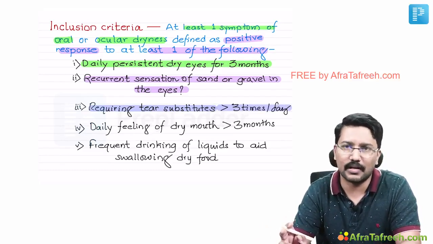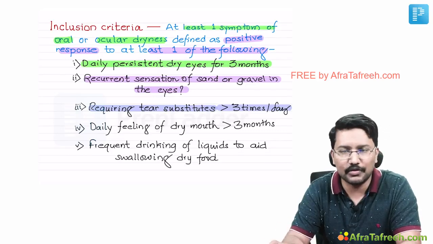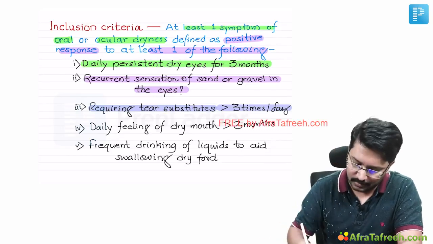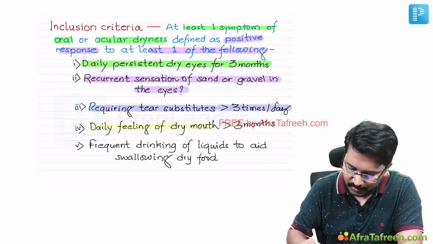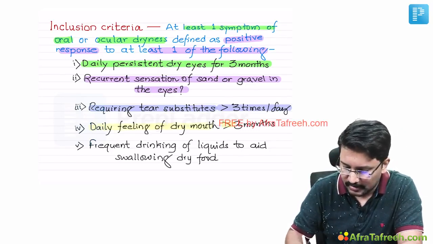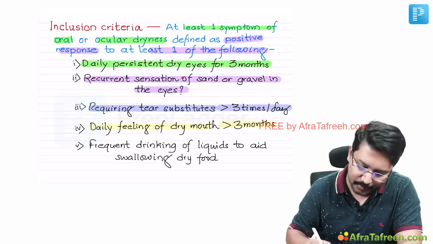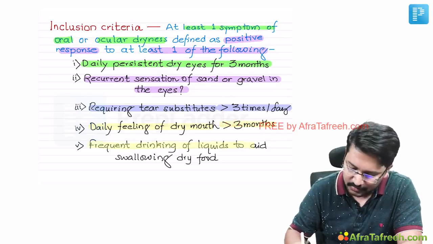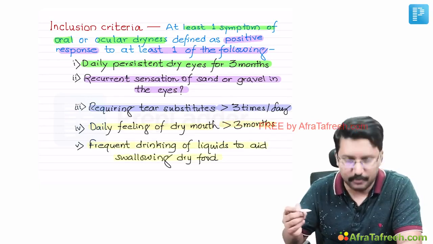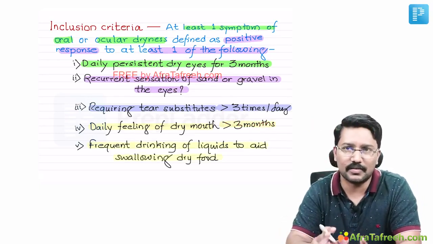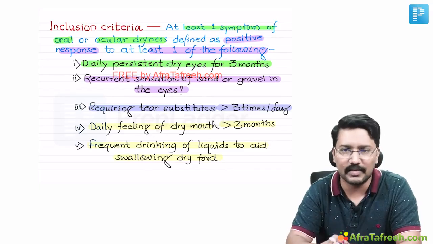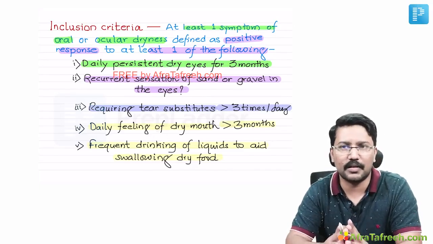The first 3 questions are about eye involvement. The next 2 questions are about xerostomia, right? Whether the patient has a daily feeling of dry mouth lasting for more than 3 months, or whether the patient needs frequent drinking of liquids to facilitate swallowing of dry food, right? So if the patient's response to any of these questions is yes, one or more than one, that satisfies the inclusion criteria.